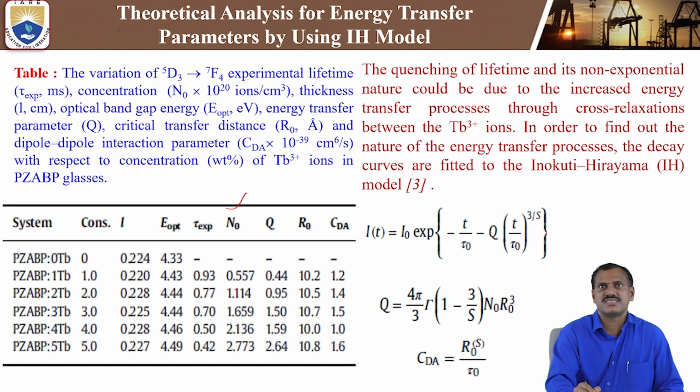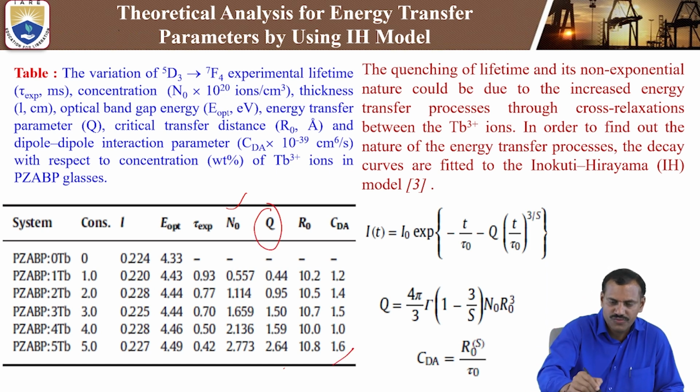As the concentration increases, the energy transfer parameter increases linearly from 0.44 to 2.64. The R naught value is almost constant: 10.2, 10.5, 10.7, 10.8. The CDA values are 1.2, 1.4, 1.5, 1.6 for the particular terbium concentrations.